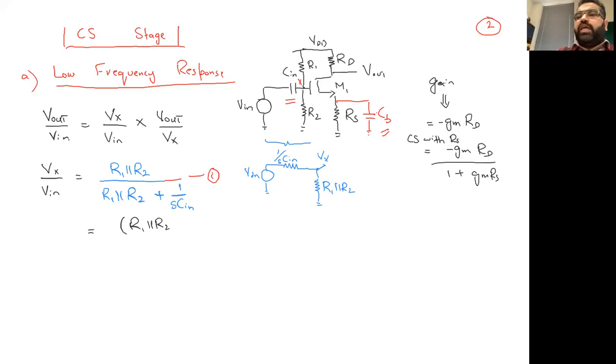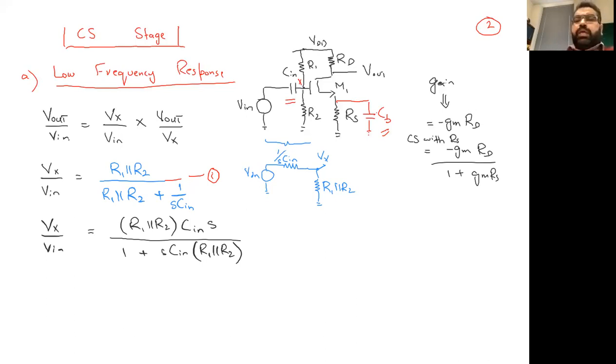We don't have values, we don't want to open this thing, but this will be equal to Cin times S divided by 1 plus Cin S times R1 in parallel with R2. So we can write this expression, and that is Vx over Vin. Okay? And that's basically just because of the biasing.